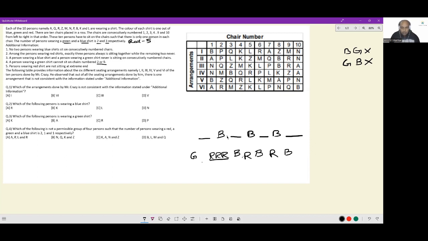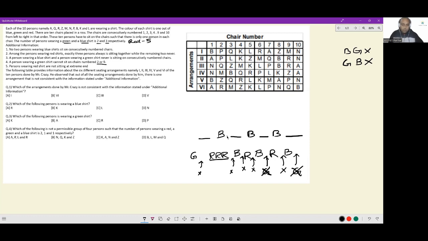I cannot put a G in any of these spots, because either GB or BG would be together.